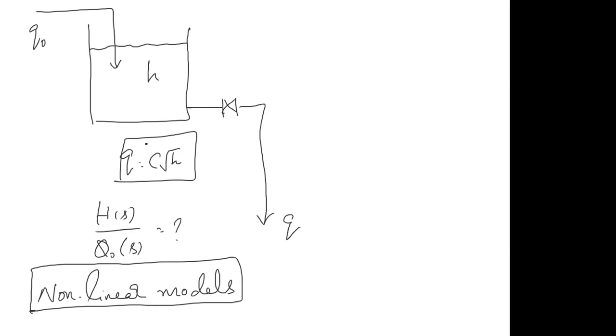C is a constant. Now you start writing, you will get stuck somewhere. Q naught minus Q equal to A into dH by dt. Q naught is as it is, minus what is Q?